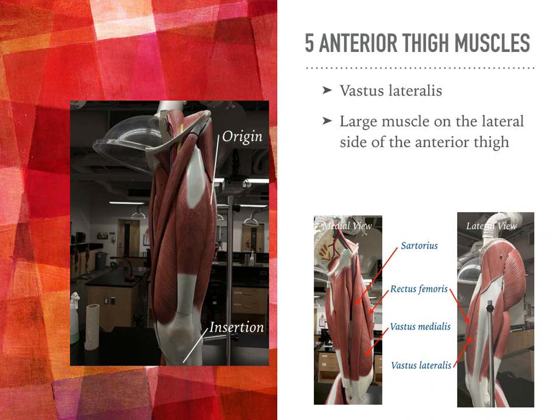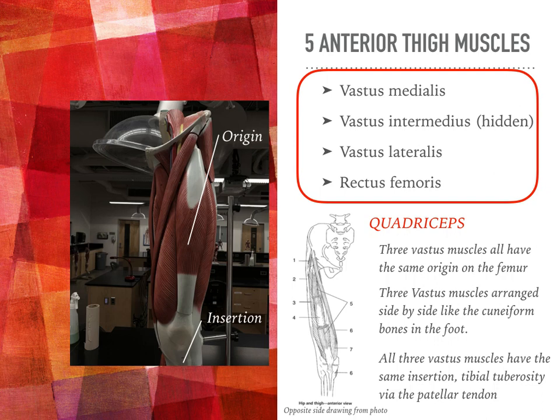The one similar to it is, of course, the vastus lateralis. It's way over on the lateral side. The rectus femoris is still that central muscle. And you can see its aspect in these other pictures. It might be useful to think of these 3 vastus muscles first before we go on.